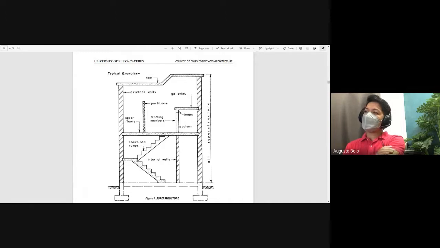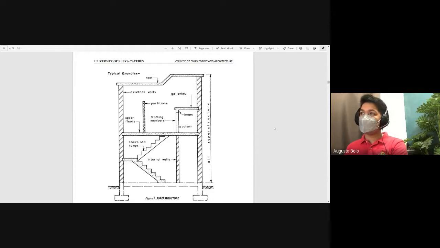Okay. Allow me to present from below hanggang pasakat. So, yung after the ground, after this level, simula dito hanggang pasakat, after your ground floor level, those are part of your superstructure.